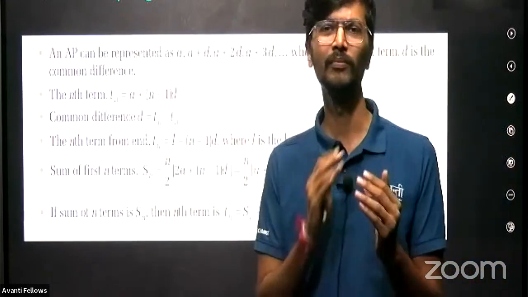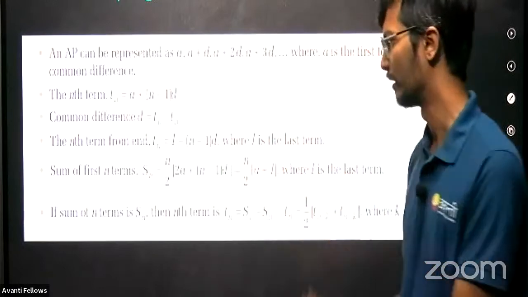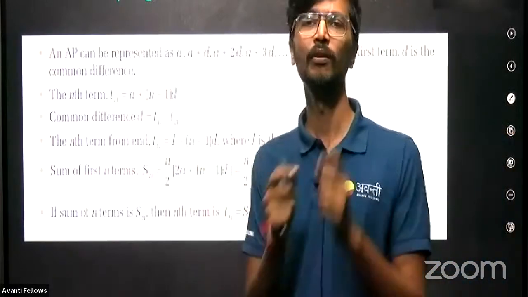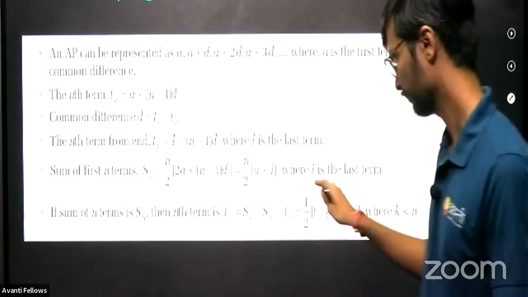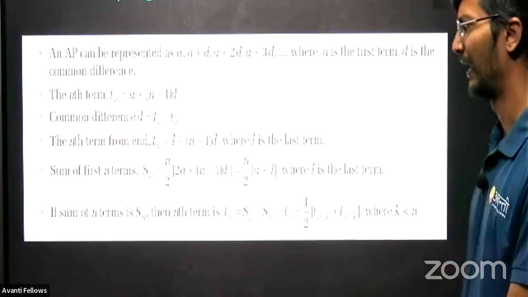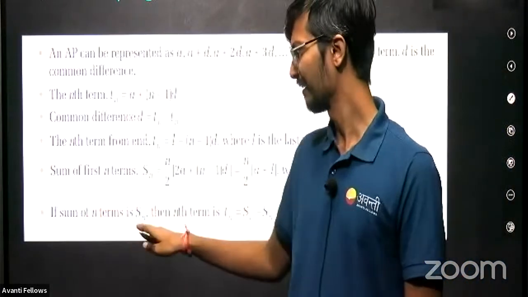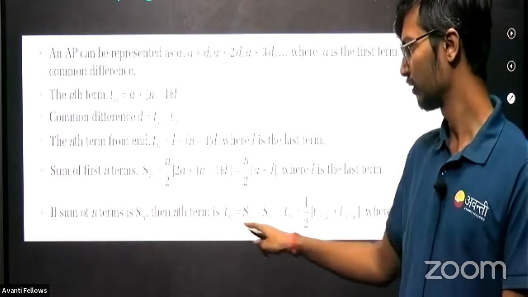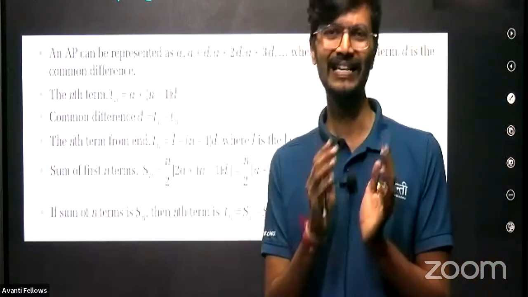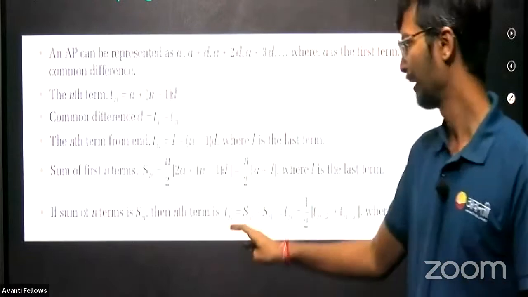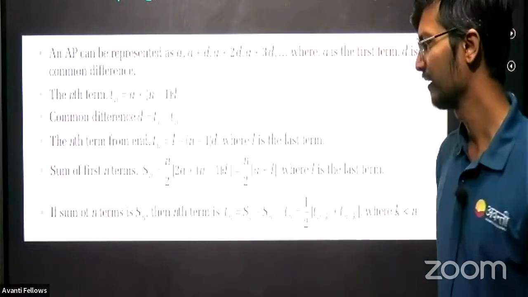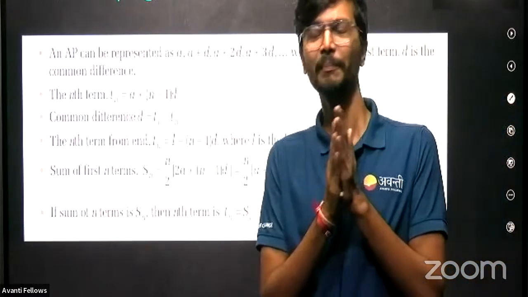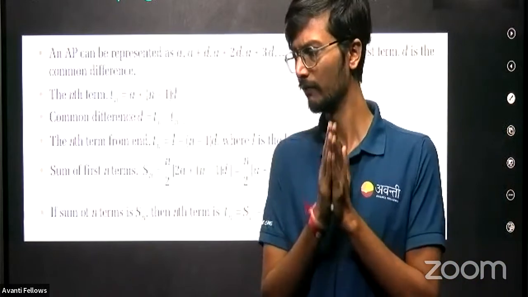If we don't know the formula, we can still solve the question. This is a very important formula, the sum of the first n terms. And if Sn is the sum, then Tn is Sn minus Sn minus 1. If Sn is given, we can obtain Tn using this. So these are the basic formulas for sequence and for AP.